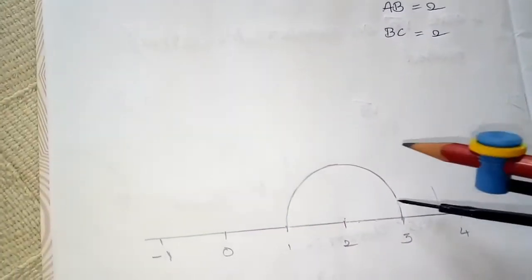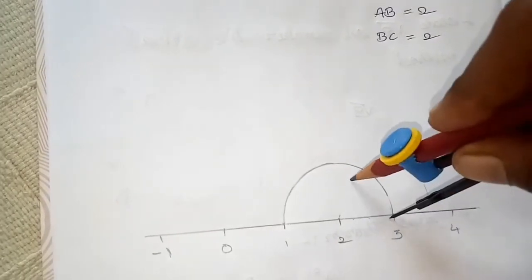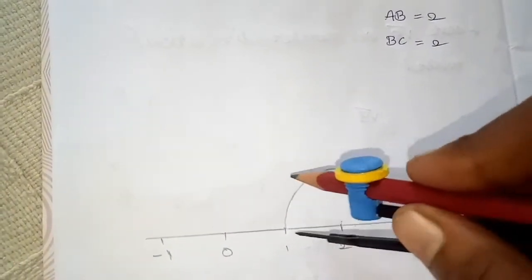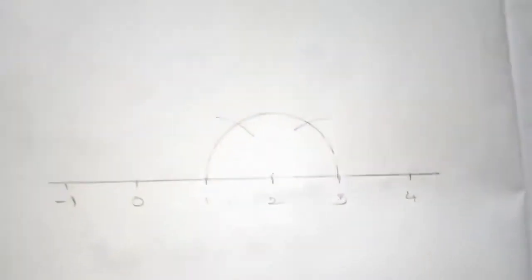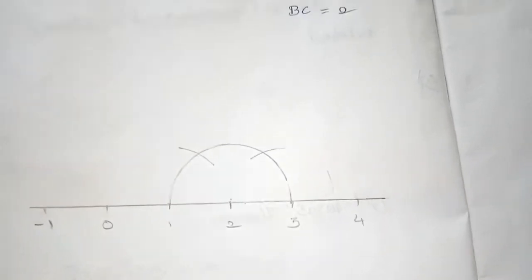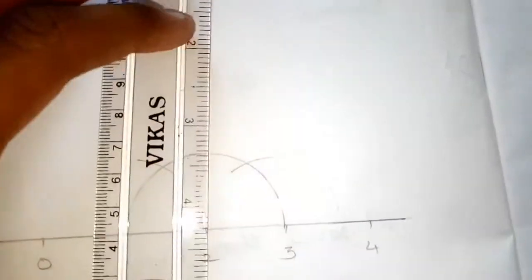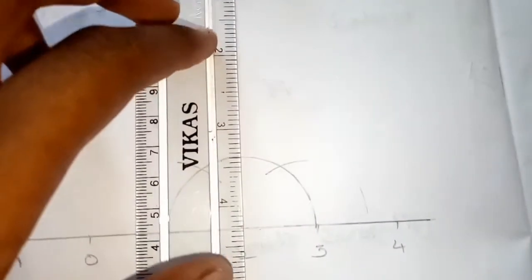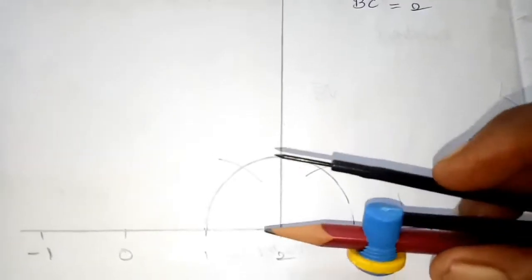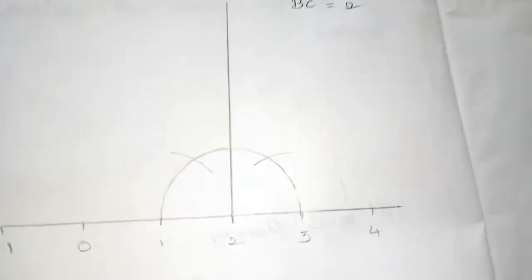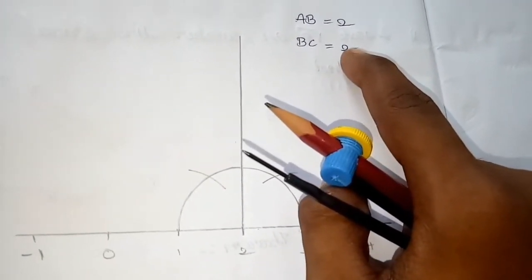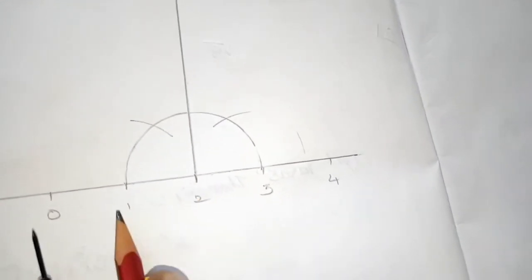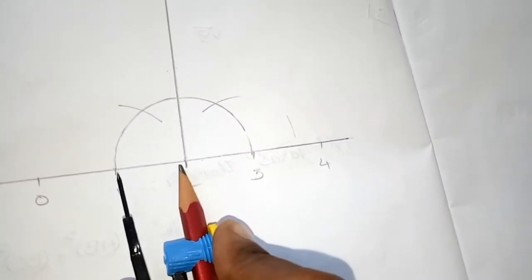Now here one arc and here one arc. Do you understand friends? Next, in the exact middle we want to take one line. AB is equal to 2 and BC is also equal to 2. Then see, here exactly 1.